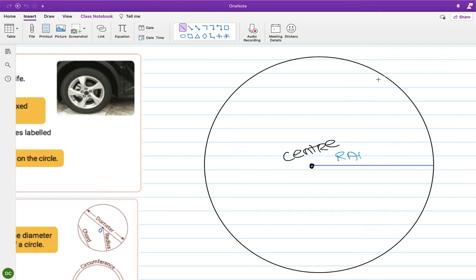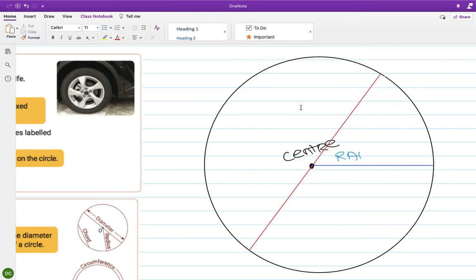There you go. A line that goes from one circumference through the center to the other circumference. Sorry, I have to wait for it to catch up. That line is called a diameter.